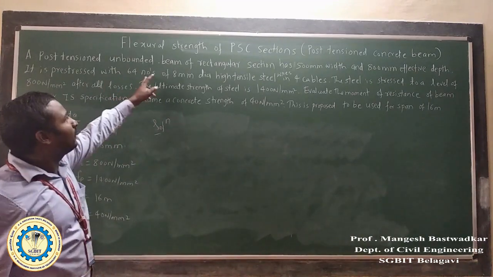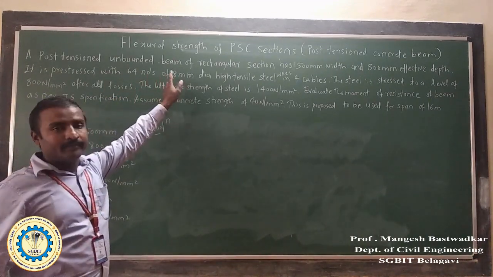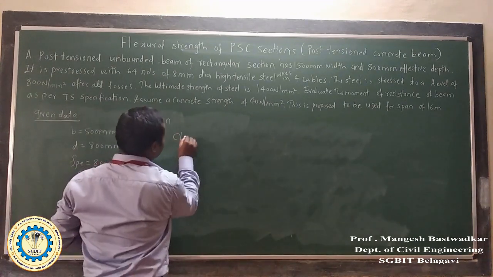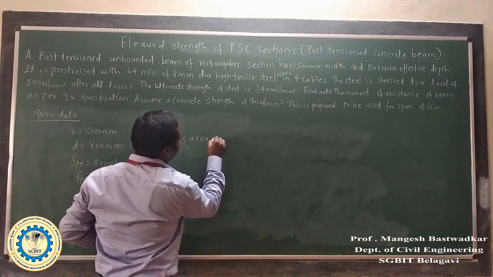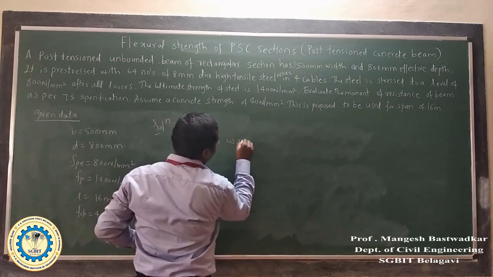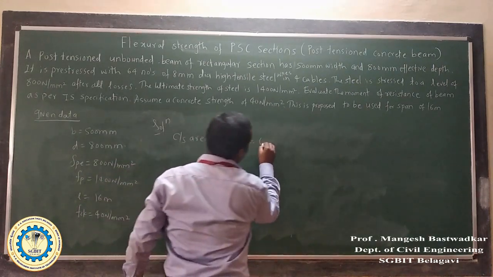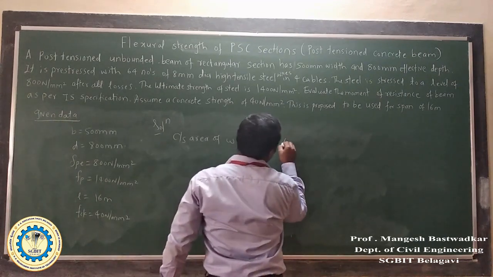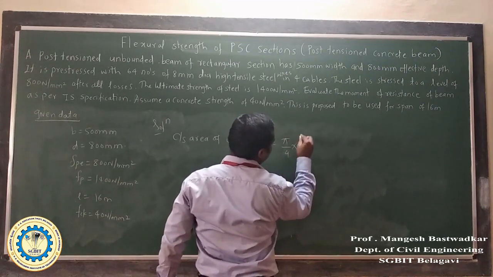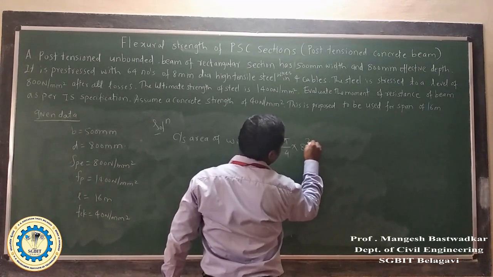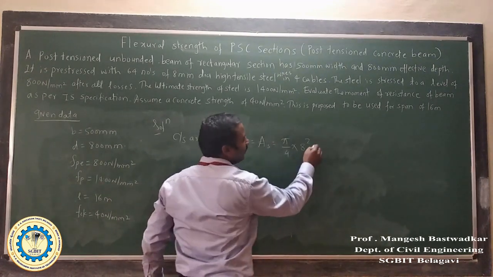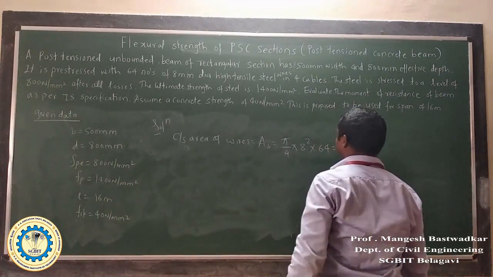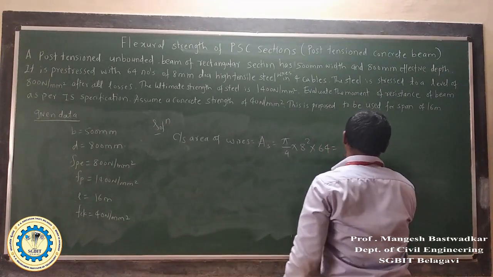So here 64 numbers of 8 mm diameter high tensile wires are given. So we will calculate the cross sectional area of wires. Total 64 number of wires are there. So we can write here AS. So π/4 into D square, D is 8. This is the area of one wire. Then we will multiply total number of wires. There are 64 numbers.